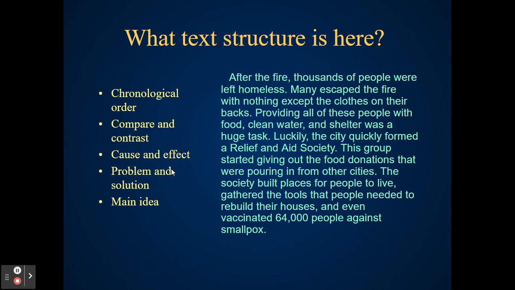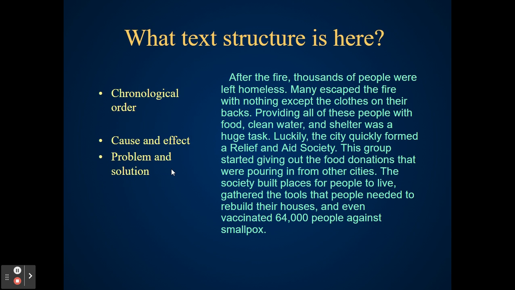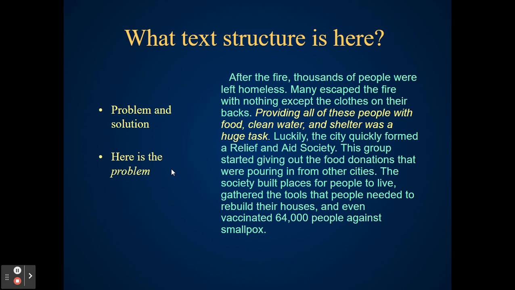Go ahead, pause and read this. Decide what structure. All right, this is problem and solution. Here's your problem. Providing all of these people with food, clean water, and shelter was a huge task.